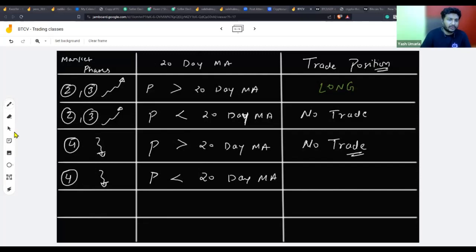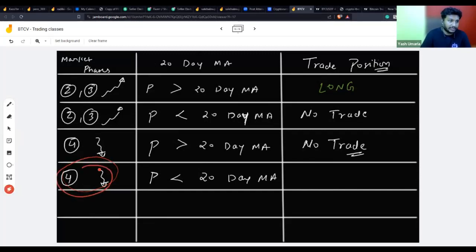Okay, so in this case, we are in the fourth phase, of course, the market is going to go down. Great. The price of BTC is less than the 20-day moving average. That means again bearish. So bearish sign plus bearish sign means a short position.